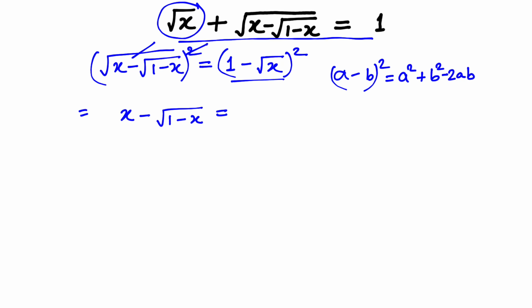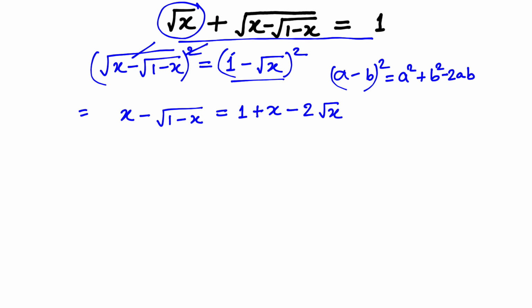So this term will become 1, square of 1 is 1, plus b square. In b we have under root x, so square of it will become x. And then from the formula it is minus 2, a is 1, b is under root x, so we write 2 under root x.